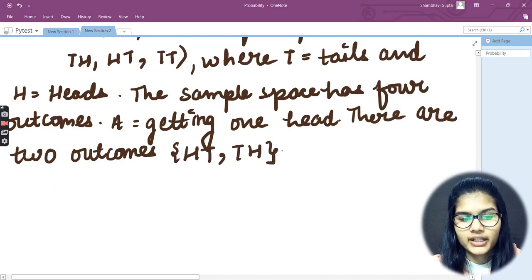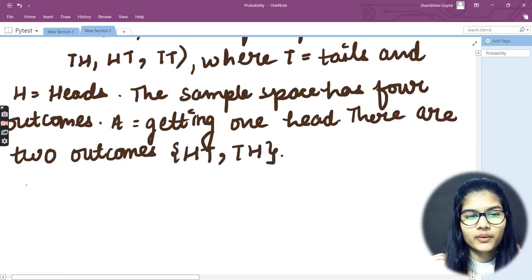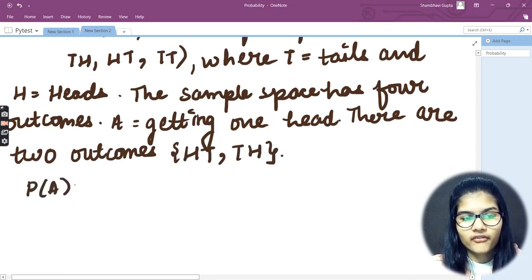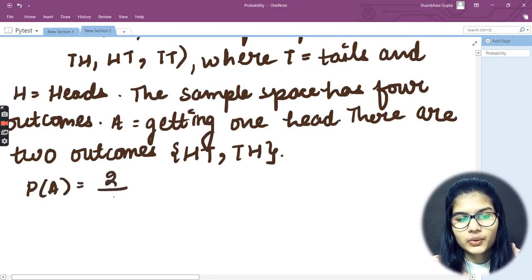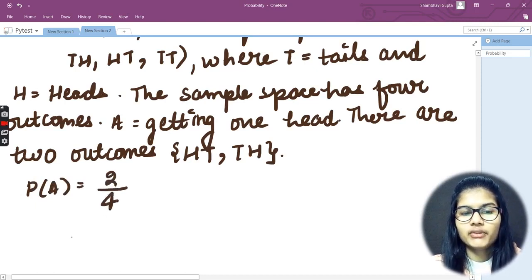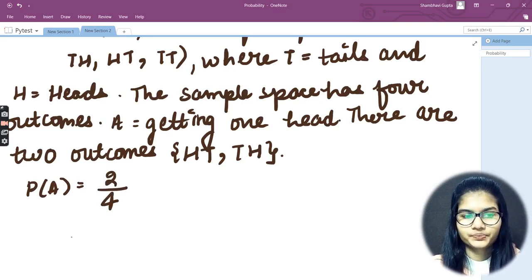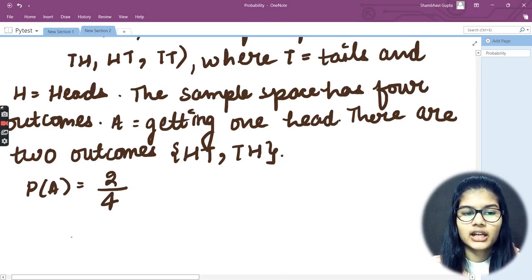So the probability of A is equal to 2 by 4, because in total we had 4 outcomes and from those, 2 outcomes have 1 head.